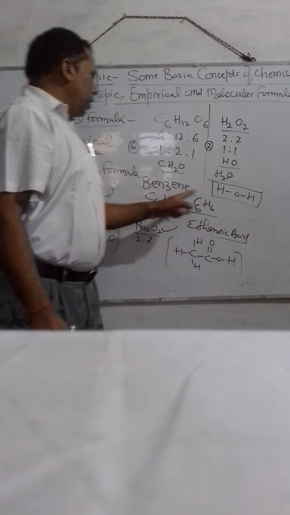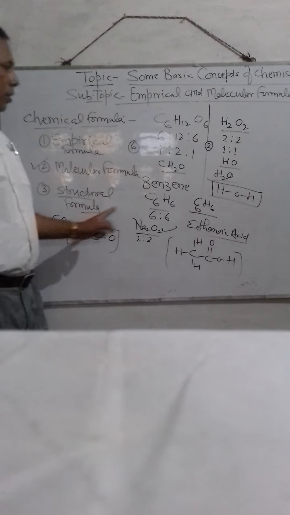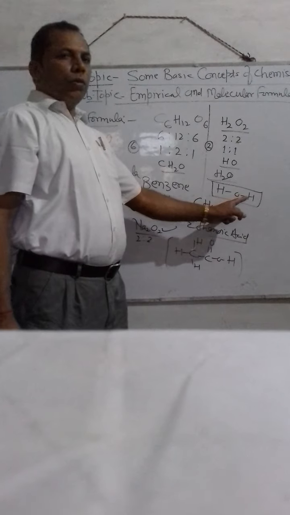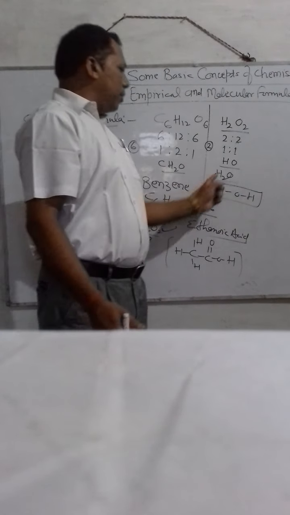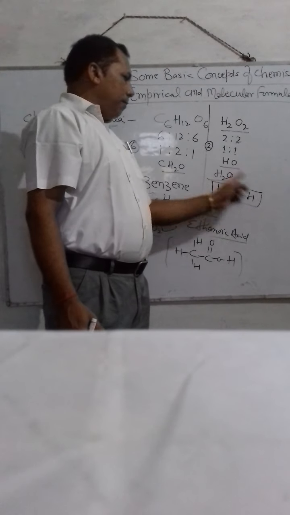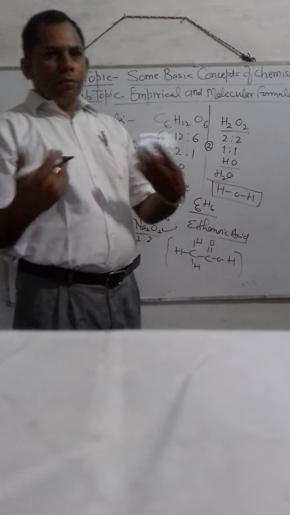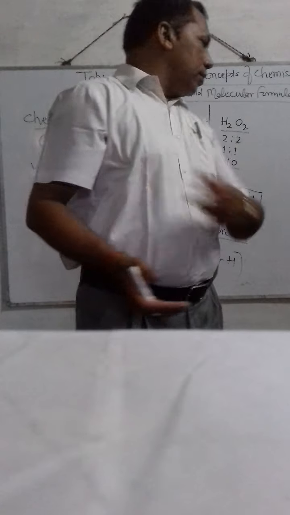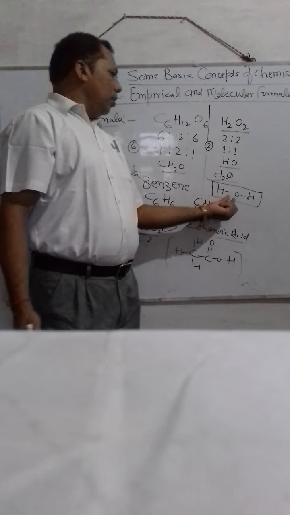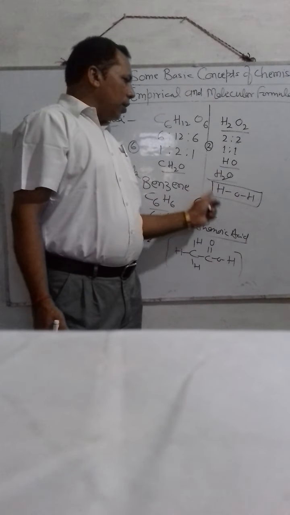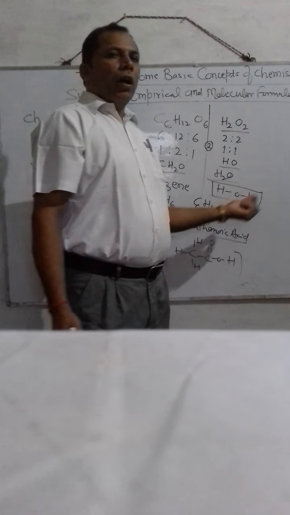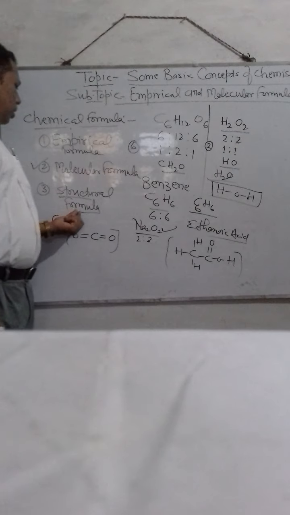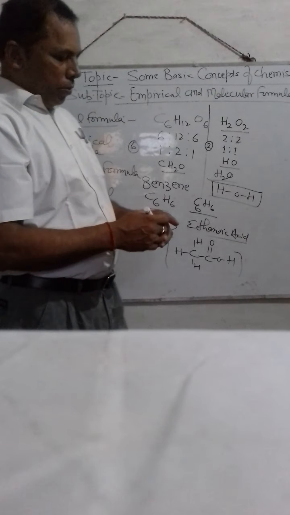That is in accordance with the definition that the structural formula of a compound is the arrangement of various atoms together, or in other words, it represents the bond formation between the various atoms of a molecule.